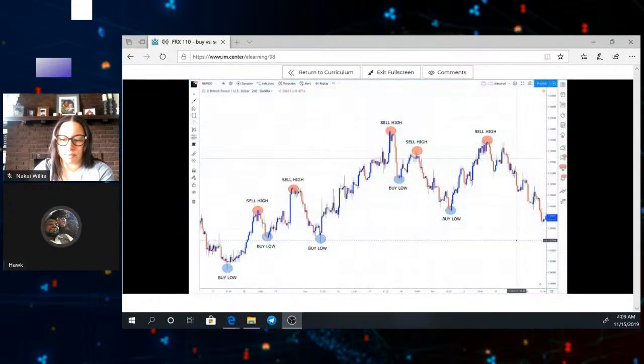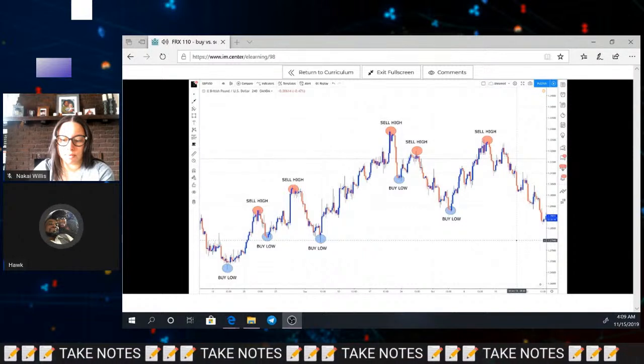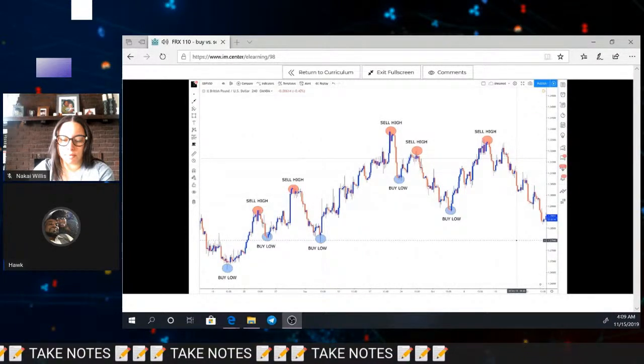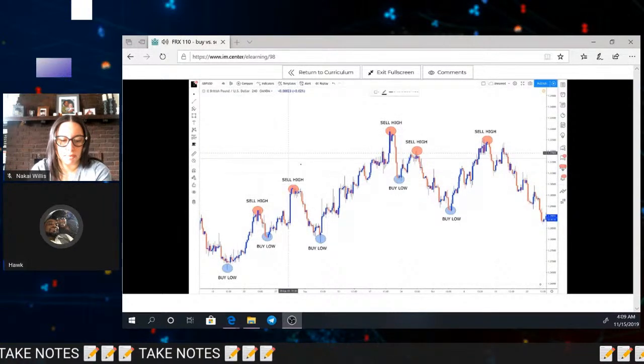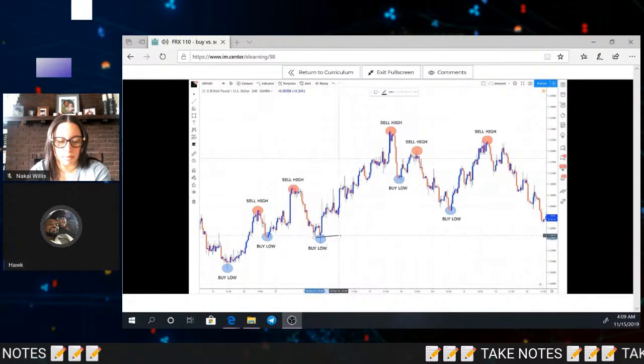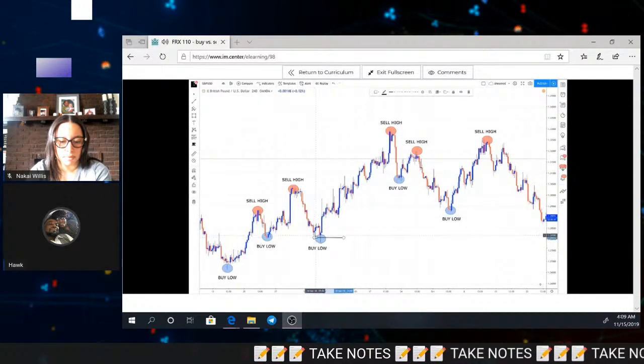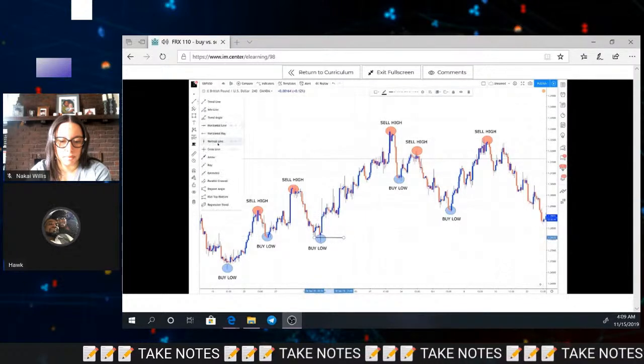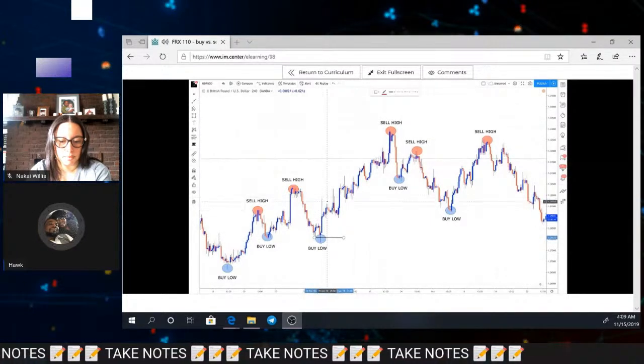Now, the only exception to the foreign exchange market is that you want to be sure that you're on the right side of buying versus selling. I'm going to show you an example here. Let's say you're looking to put in a long position or a buy position right here, and you're expecting the market to come up.